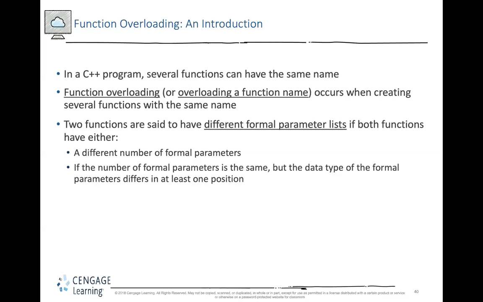Those variants are so-called function overloading. But you have to have something different so that the compiler knows which function you're calling. The difference reflects in the number of parameters, or the same number of parameters with different types. For example, you may have a power function that takes integers, and it may also take doubles or floats.